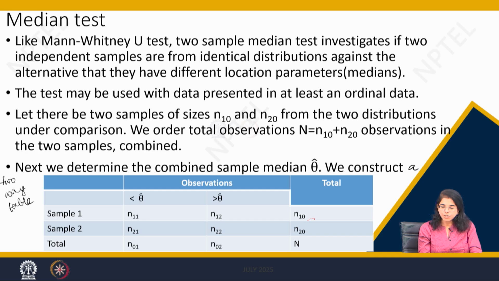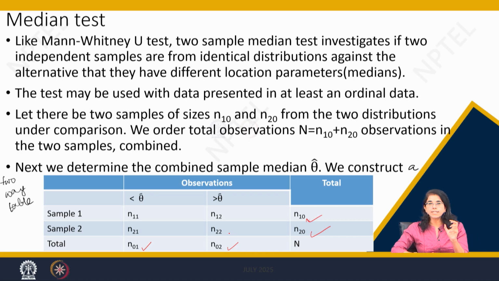Now you will see that n11 plus n12 is n10. So that is called the marginal. Similarly, n21 plus n22 is n20. This is the marginal. And similarly, you can figure out N01 and N02. So don't get confused by the notational jargon.